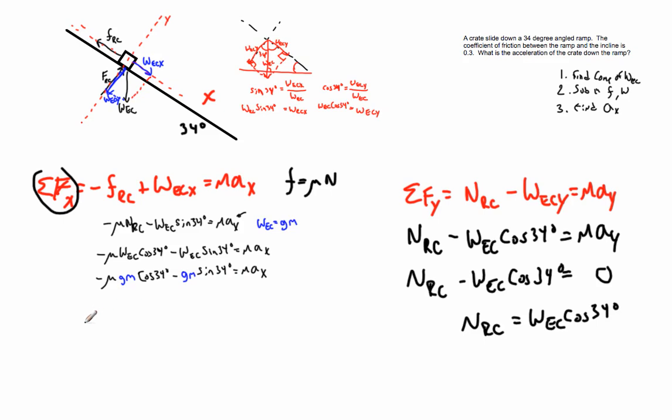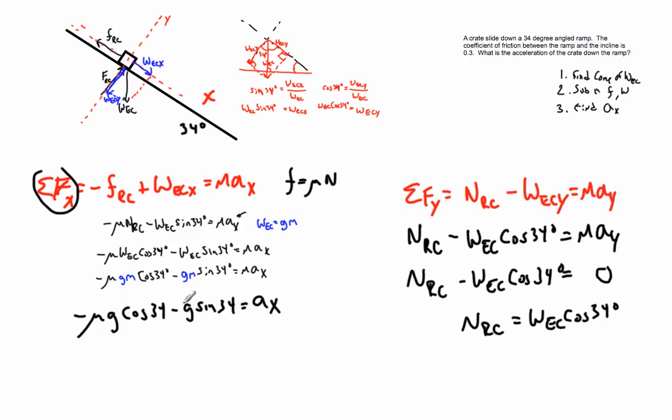All right, so I'm going to do that, and what do I end up with is minus mu times G cosine 34 minus G sine 34 equals AX.